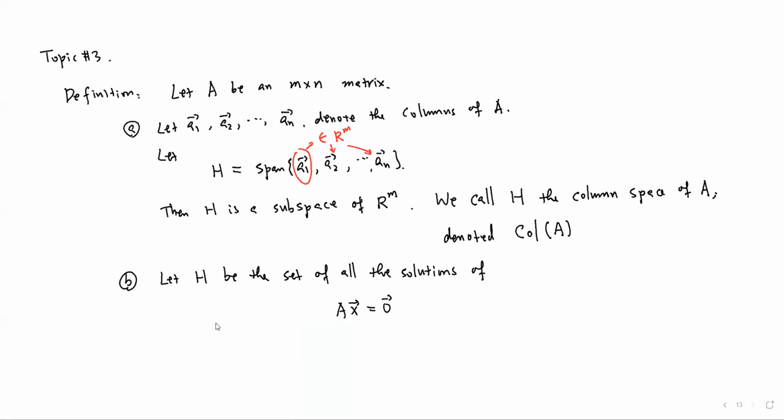Now take a look at the sizes. Matrix A is m by n. The solution is n by 1. The right side is of course m by 1, because A, m by n, times n by 1 cancels the middle n, so we get m by 1.